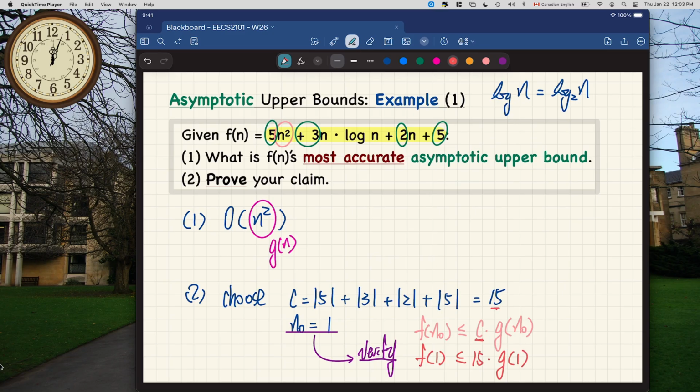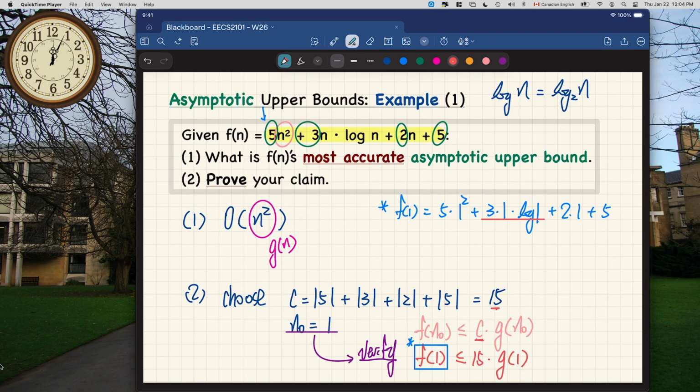So now, let's try to do some simplification. F of 1, we just apply into this function here. Let me put a star. F of 1 will be 5 times 1 squared plus 3 times 1 times log 1, plus 2 times 1 plus 5. Agree? If I make any mistake, please let me know. And what is this? 0, agree?